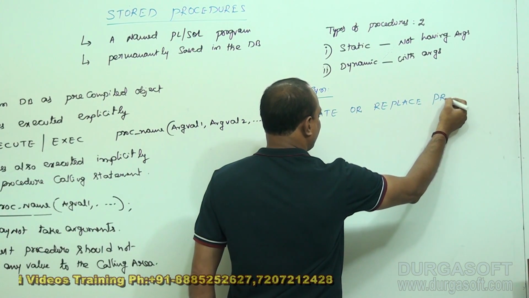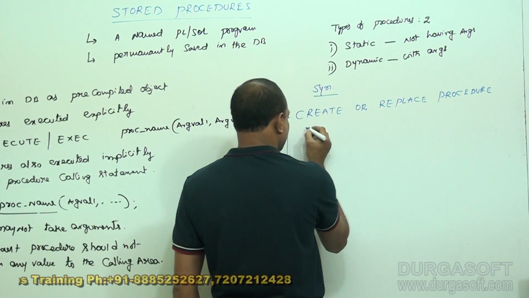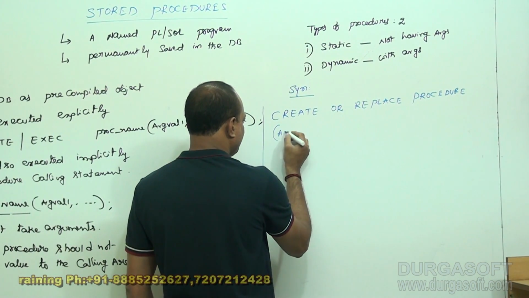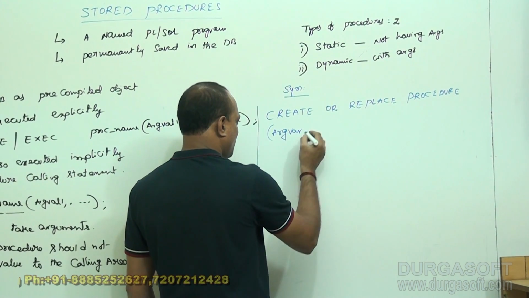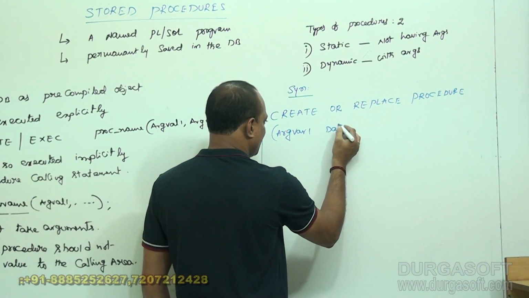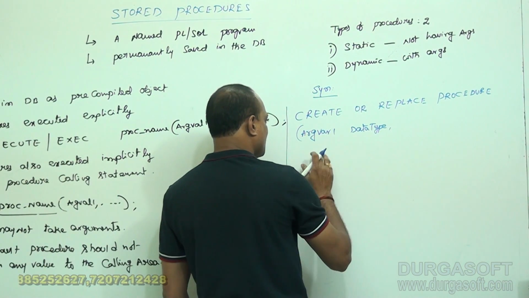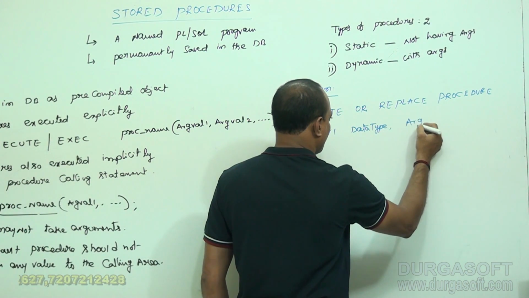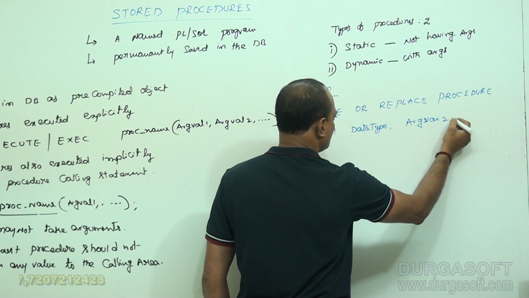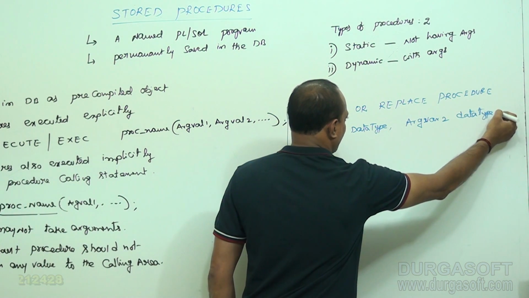So what you are creating here? Procedure. And within the parenthesis, if it is expecting argument variable 1, its data type, don't specify any size here, only variable name, data type. Next, argument variable 2, its data type, and so on.